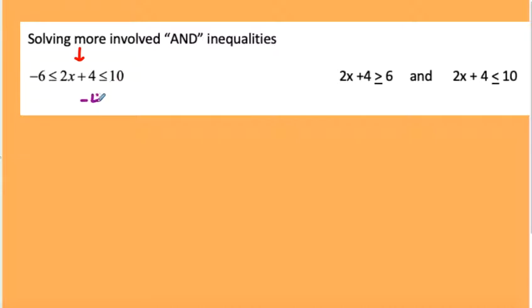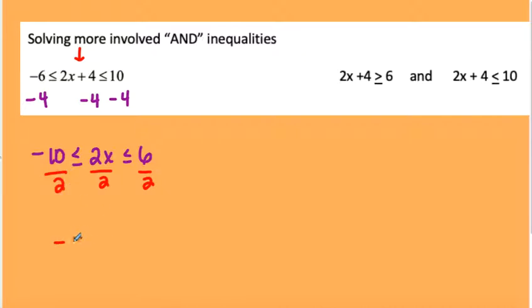So for example, I'm going to subtract 4 from the 10, from itself, and from the negative 6. That's going to leave me negative 10 is less than or equal to 2x is less than or equal to 6. Then I'm going to divide all three parts by 2. So that's going to give me negative 5 is less than or equal to x, is less than or equal to 3.